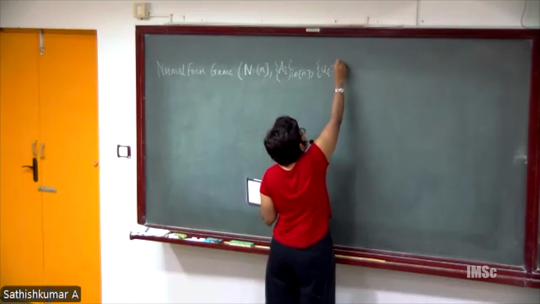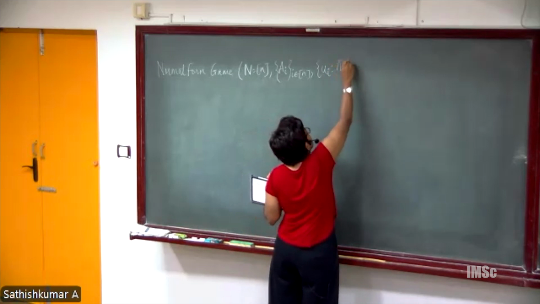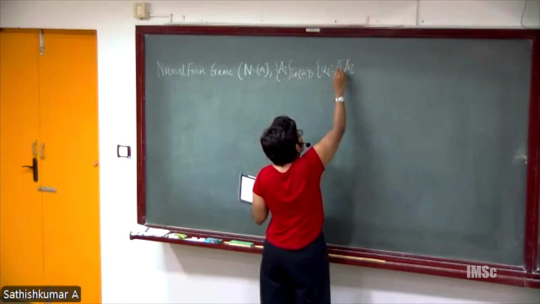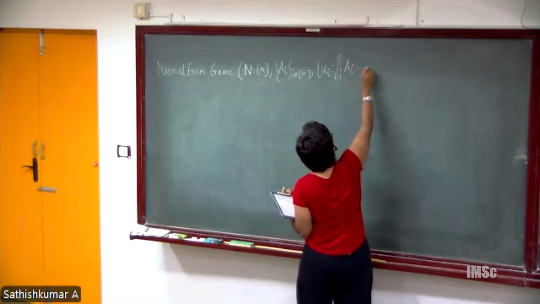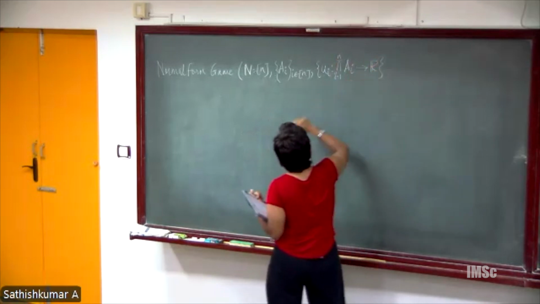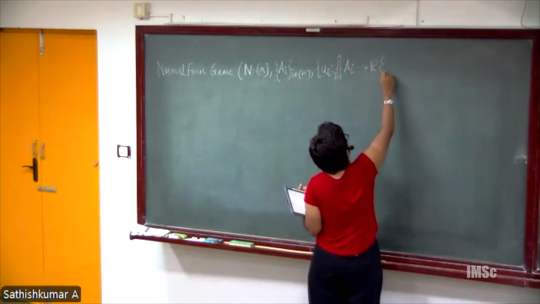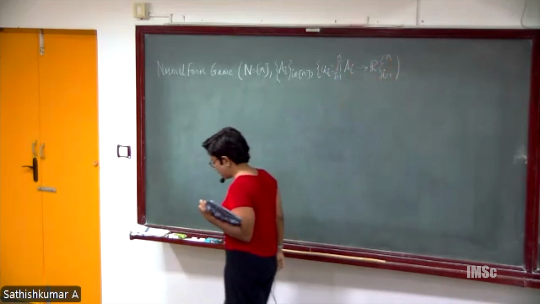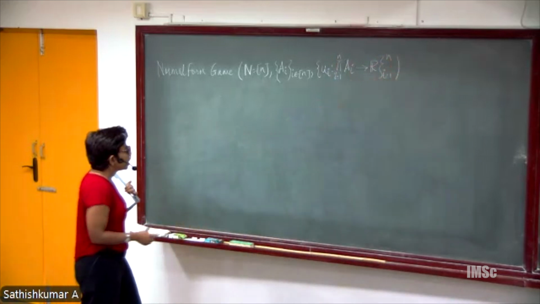So the utility function is defined over the product space of the action space. And it's a real value. It could have negative utility. Right? Okay.